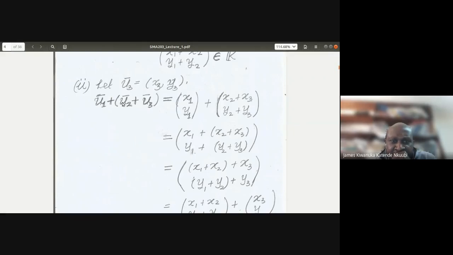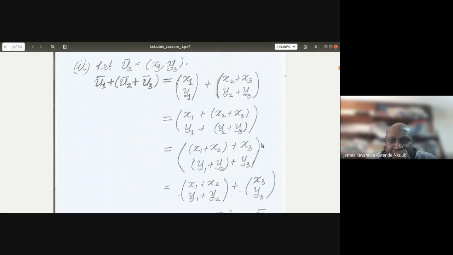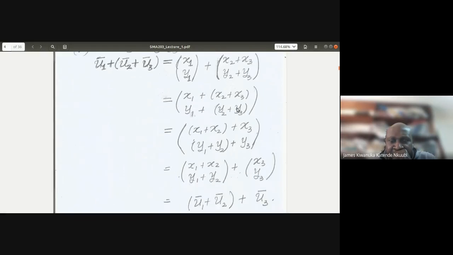So we have three vectors, u1, u2, and u3. We start by putting the brackets around u2 plus u3, and this is what we get. From the definition of addition, we can now write this as x1 plus (x2 plus x3) in brackets, and y1 plus (y2 plus y3) in brackets.